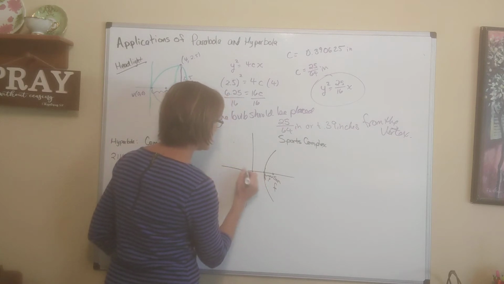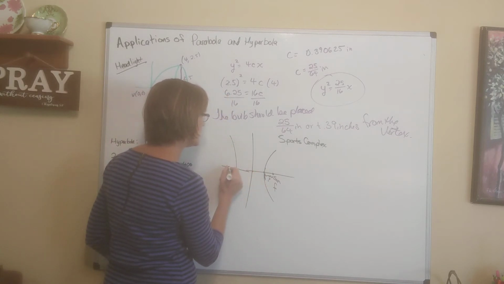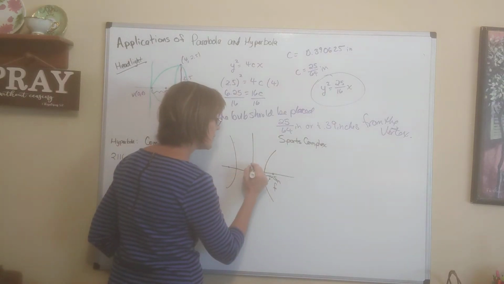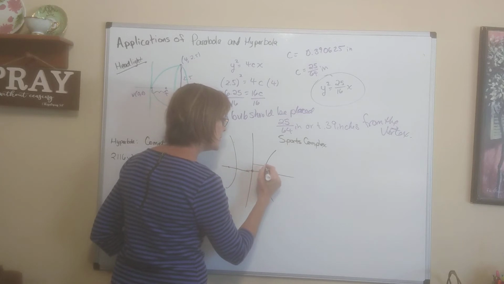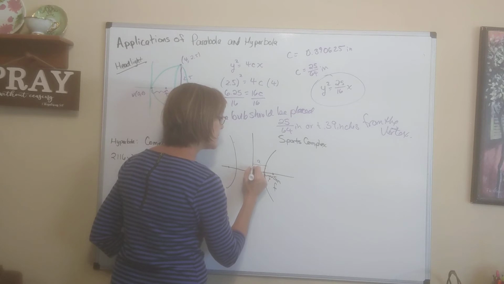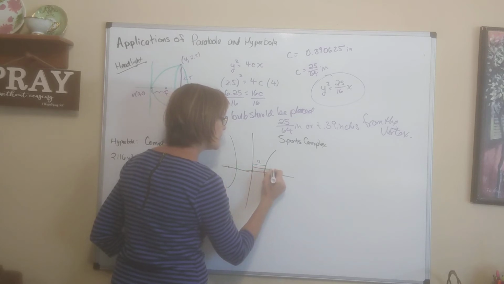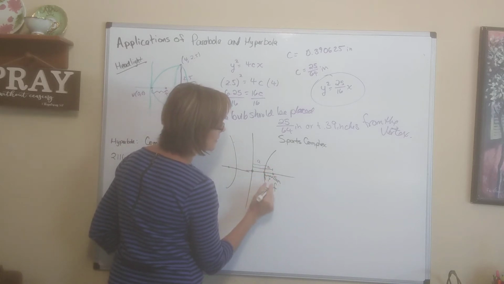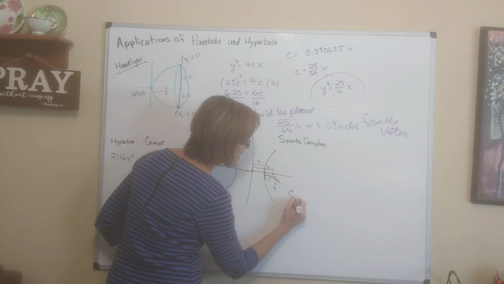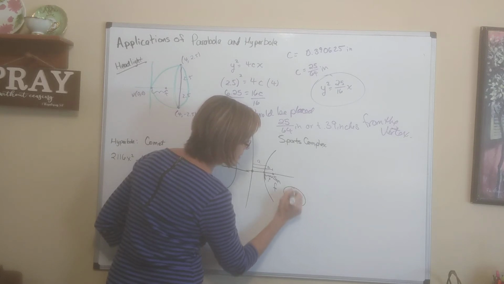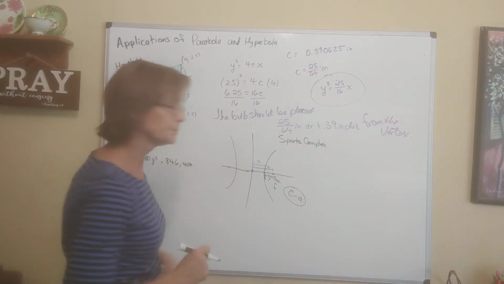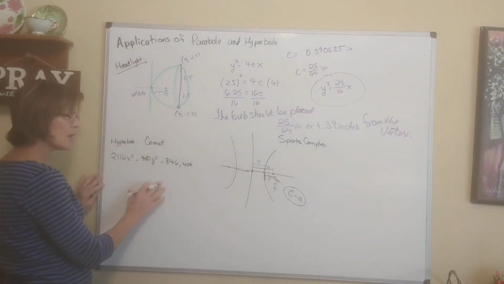We know if this is the center, and it is, the horizontal distance from the center to a vertex is a. And then the distance from the center to a focus is c. So this distance right here, what is this? It is c minus a. This is how close the comet is going to get to the sun. So we can figure all that out off of this.